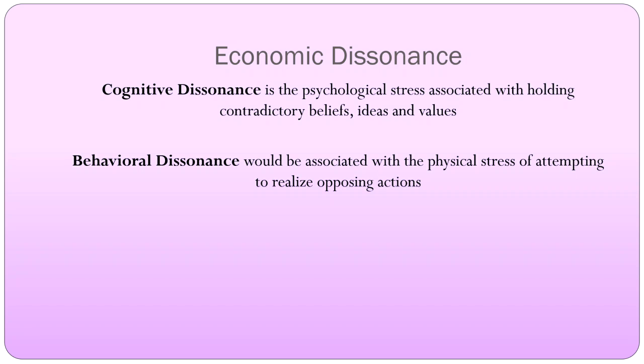That's what would be associated with the physical stress of attempting to realize opposing actions. So if you're thinking about a bar of metal, and you try to bend it in two different ways, you're putting stress on it. You could break it. You could certainly damage it.